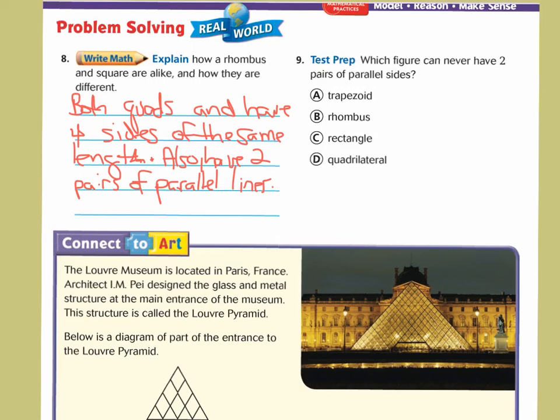So what makes them different is that a square has 4 right angles.